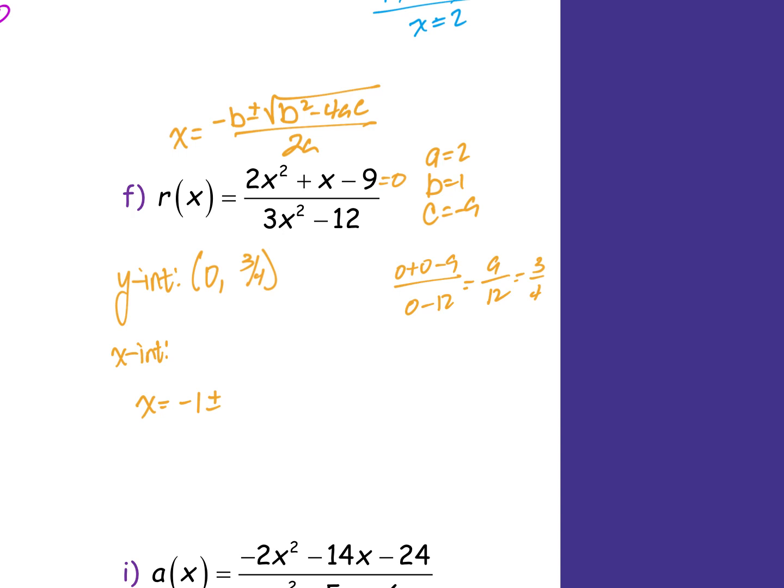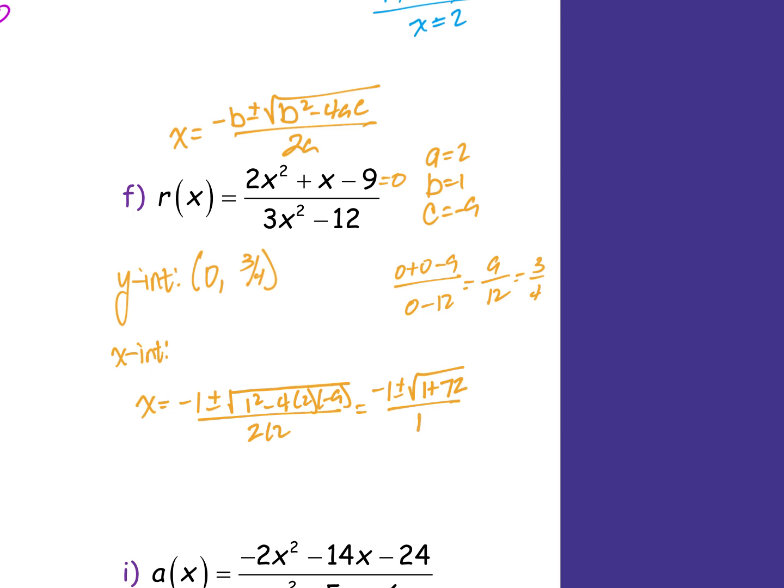So -1 plus or minus the square root of 1 squared minus 4 times 2 times -9 all divided by 2 times 2, which gives me -1 plus or minus the square root of 1 plus 4 times 2 is 8 times 9 is 72.